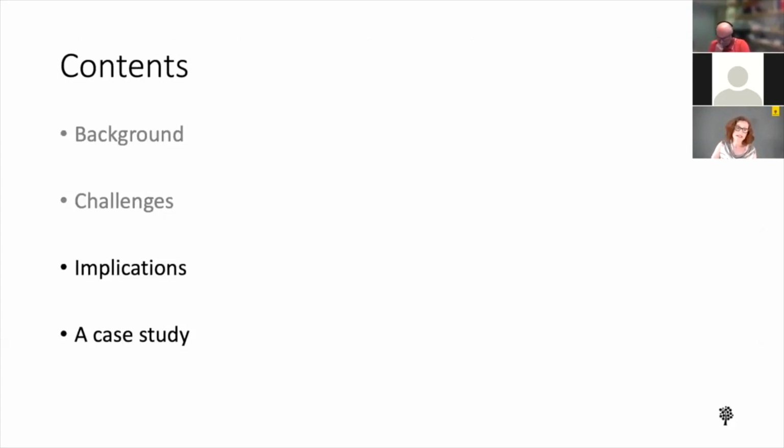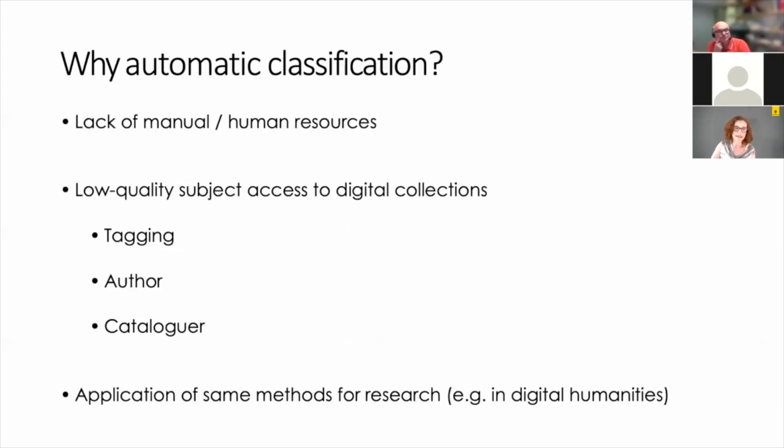So having looked at the challenges, we can look at some key implications. Why do we need automatic subject indexing or classification? Well, we are facing more and more digital documents in our collections, and in order to maintain the bibliographic objectives and provide high quality subject access, it could be a way to address the problem of scale and sustainability.